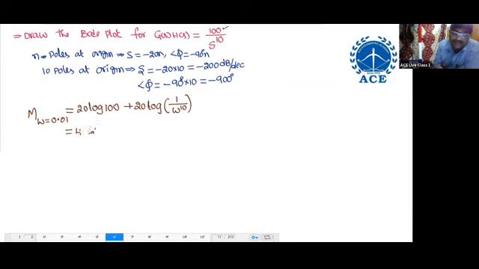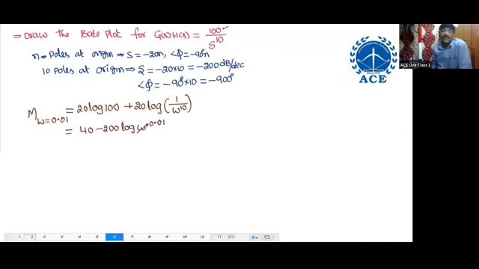So calculate its value. I think it is 40 dB. 40 plus, what will I get? Minus 20 into 10, 200. Minus 200 log omega. What is omega here? 0.01. So what is the answer? Tell.